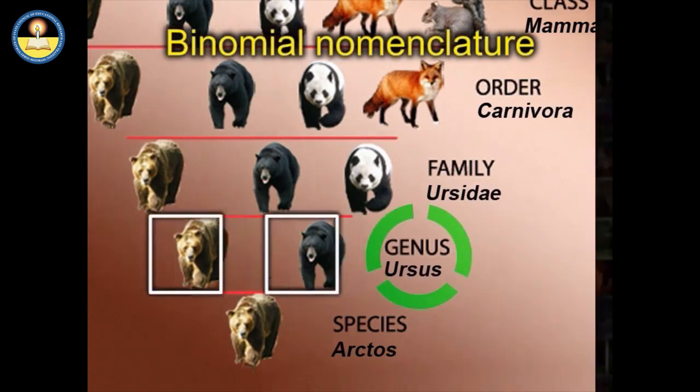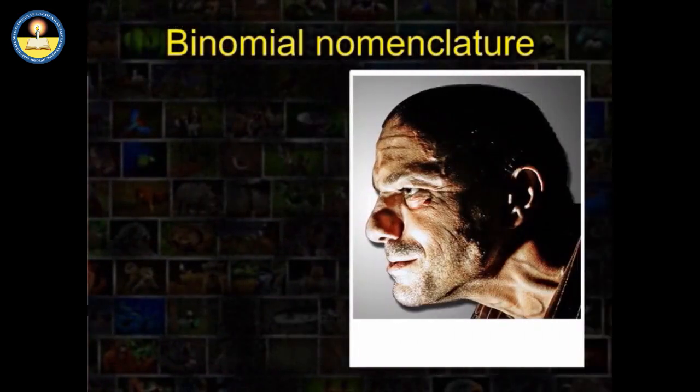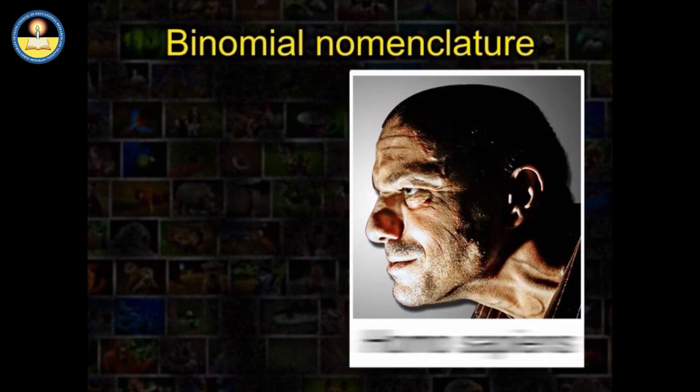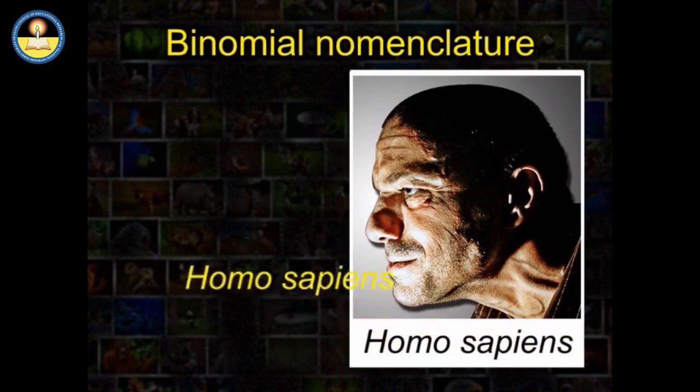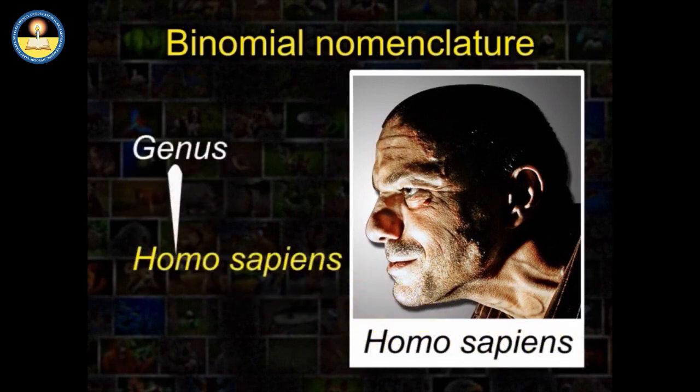For example, Linnaeus described the name of modern humans as Homo sapiens. Homo is our genus and sapiens is our species.